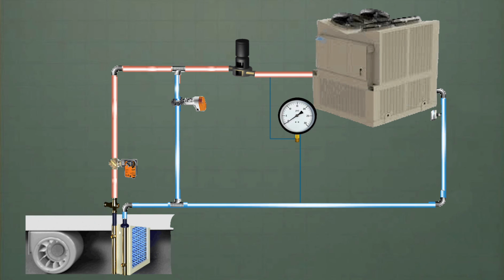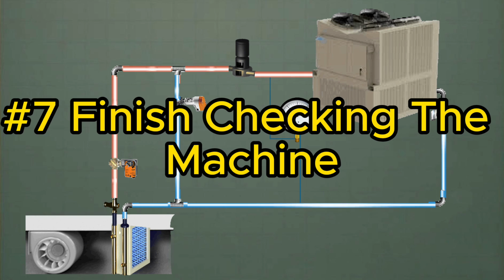So now that the machine's been offline while I've been checking out the bypass valve, the loop has gotten warm. And so before I leave, I'm going to go outside and load the machine up, start it up, watch it run, and then check my refrigerant charge while I'm there. I've also found other problems like this too, where there are multiple issues happening in the system.